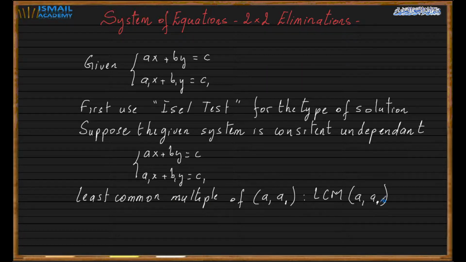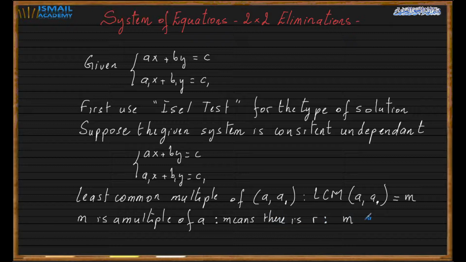So let's suppose my LCM is M. Keep in mind that M is a multiple of A and a multiple of A1. So M is a multiple of A, which means that there is a number R such that M equals R times A.